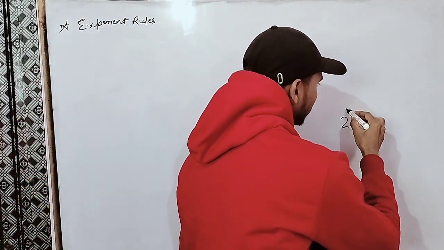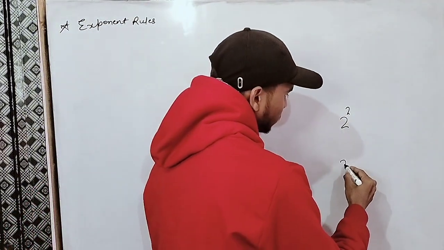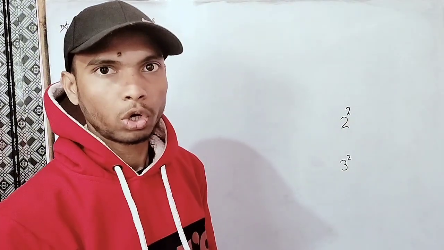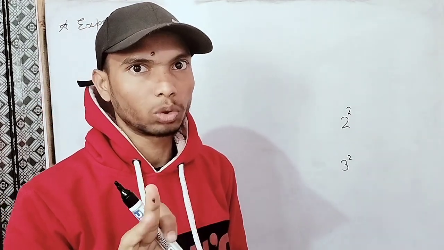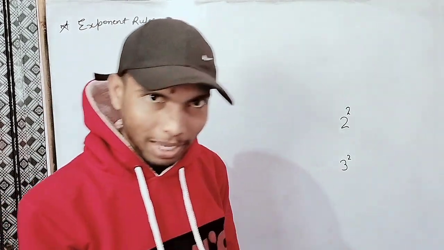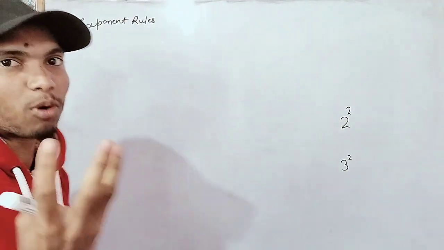When we write it like that, otherwise like that. So here we need to identify two things. First, the base. Where is the base in this, and where is the exponent?